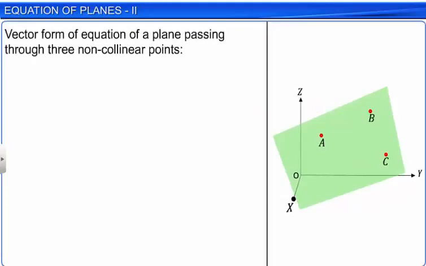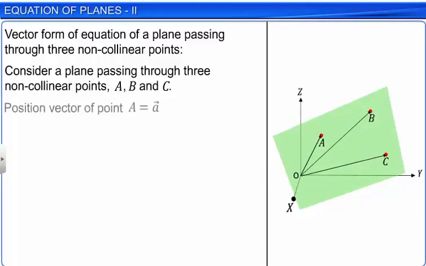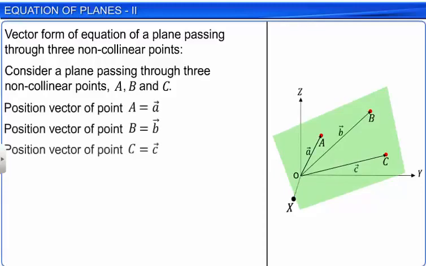Let us derive the vector form of the equation of a plane passing through 3 non-collinear points A, B and C. Let vectors A, B and C be the position vectors of points A, B and C respectively. Since the plane passes through points A, B and C, they are coplanar.